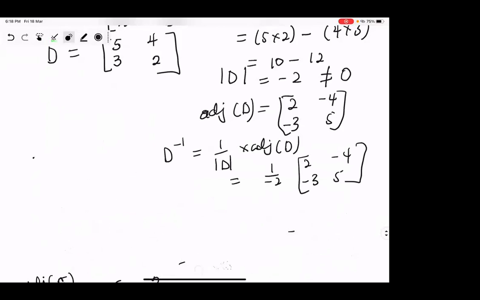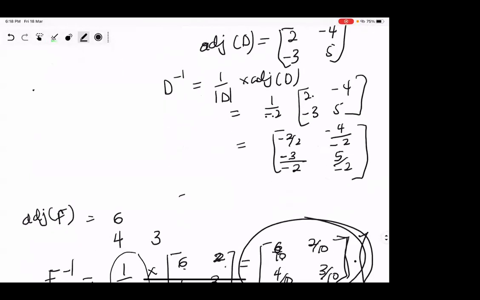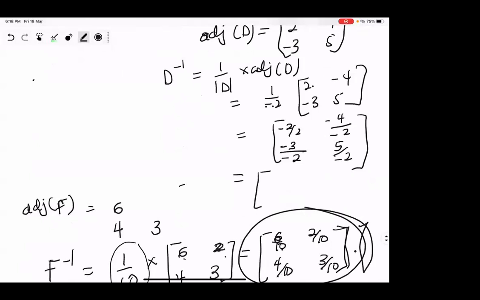And then the last two steps. This is scalar multiplication. So we multiply every component in here. -1/2 times 2 is -2/2. -1/2 times -4 is -4/-2. Then -3/-2, and we have 5/-2.